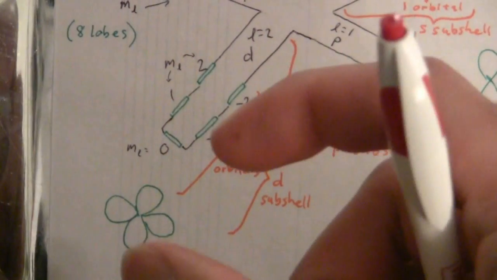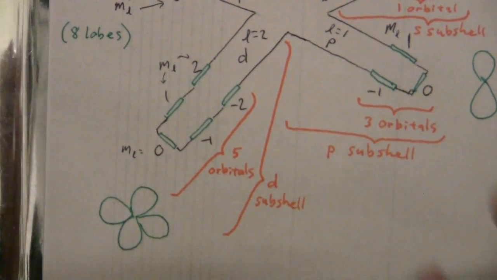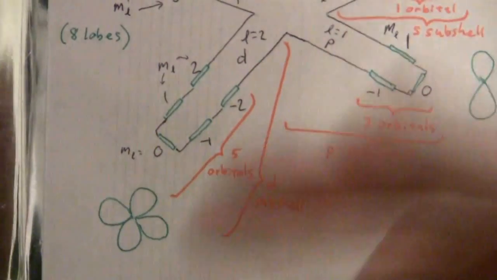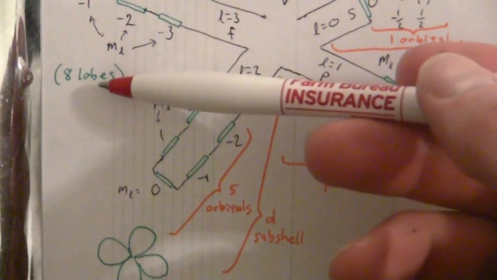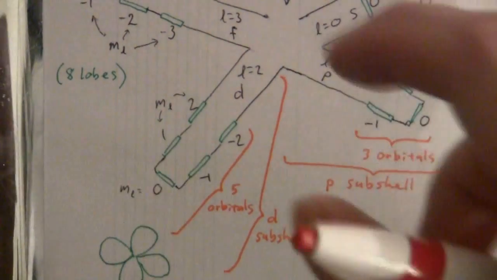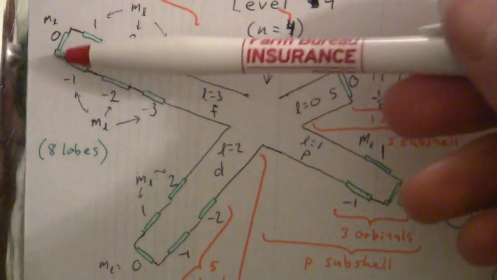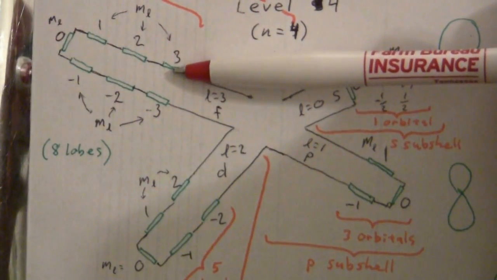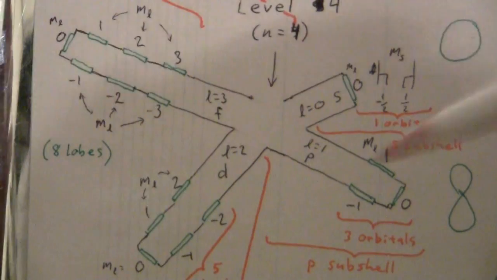Okay, so you can think of it, if you kind of took that and pinched it in the plane of the paper, where each lobe is cut in half, you're going to end up with a shape that has 8 lobes. Okay, kind of like all pointing to the corners of a cube. You might think of it like that. And there are 7 possible orientations for that 8-lobed shape, those orbitals.